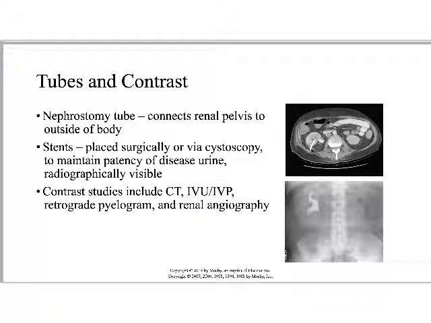That's what retrograde means, going against the grade. The grade is downhill, as all this stuff filters out of the kidneys. We're going against that, and we're getting the contrast up into the renal pelvis in that retrograde fashion. That's retrograde pyelogram.